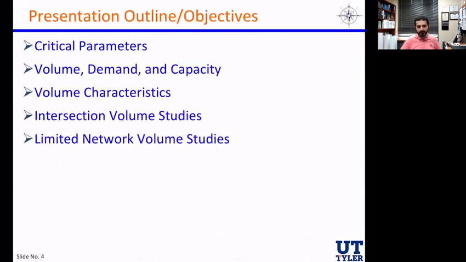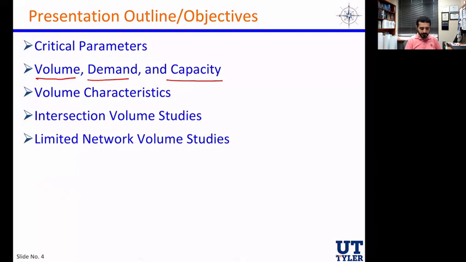All right, so let's get going here. With chapter 9, we are trying to achieve a couple objectives. The first one is we need to know what the critical parameters are in order to complete a full study related to traffic counts. Then we need to define the difference between volume, demand, and capacity.